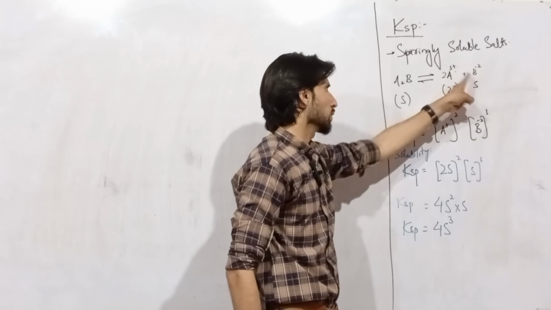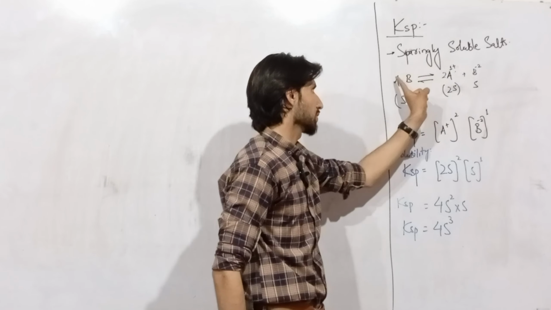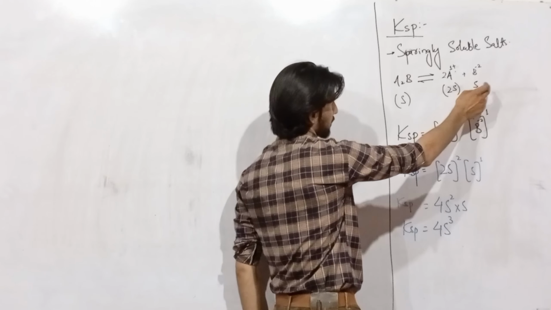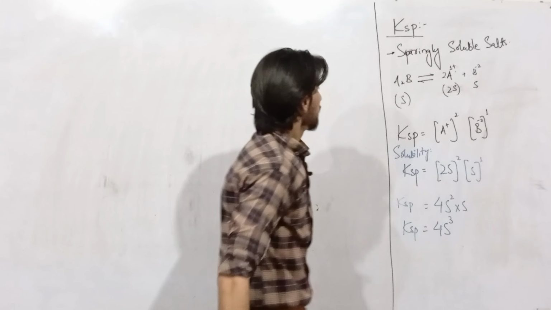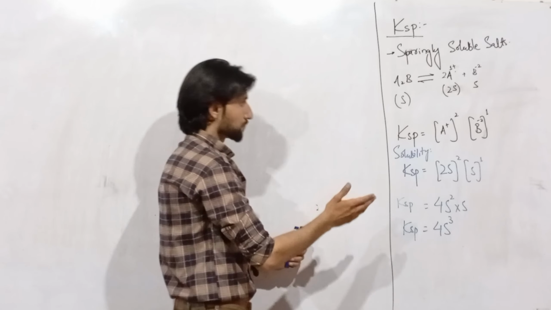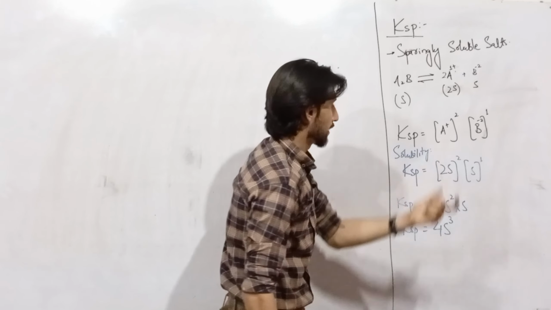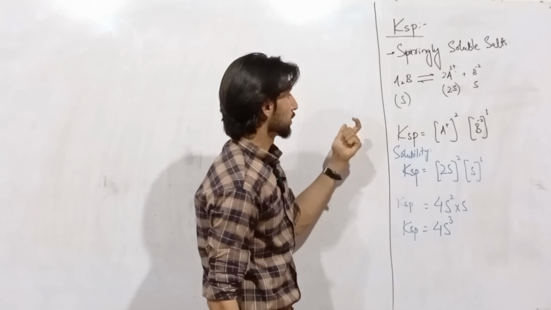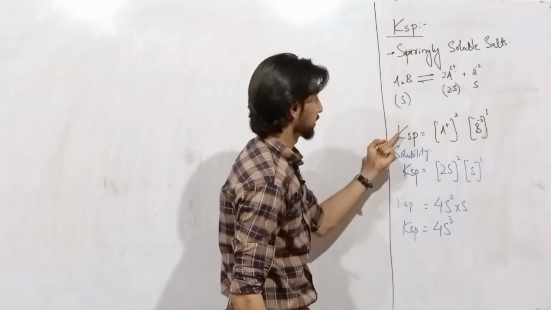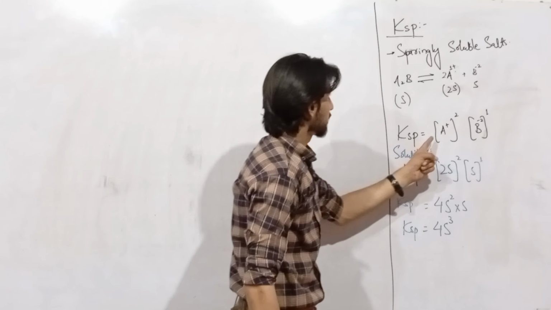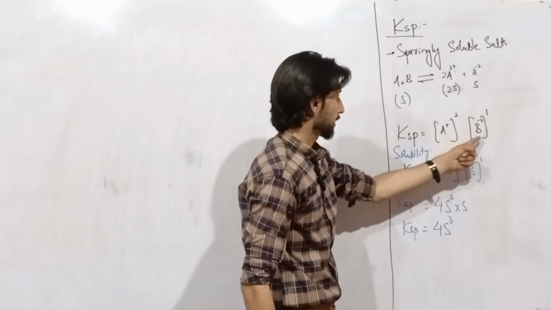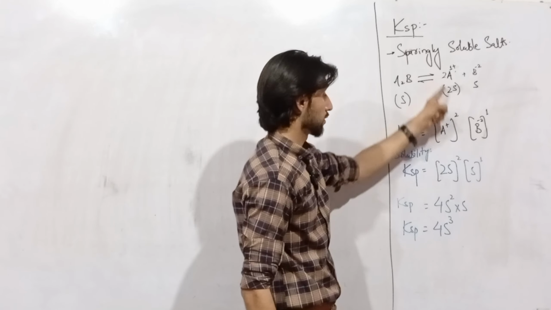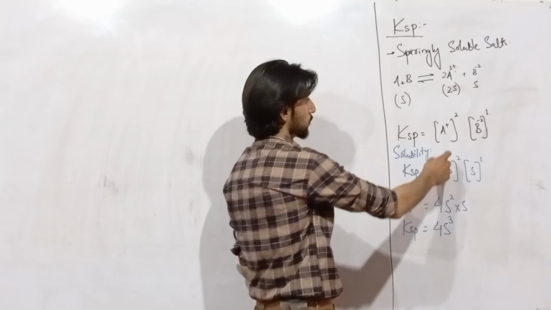Because the mole ratio of both of them is 1:1, here we will have S mol per dm cube of B. So the Ksp is written as we have seen in the case of Kc, but here we have shifted the denominator to this side and converted it into Ksp.